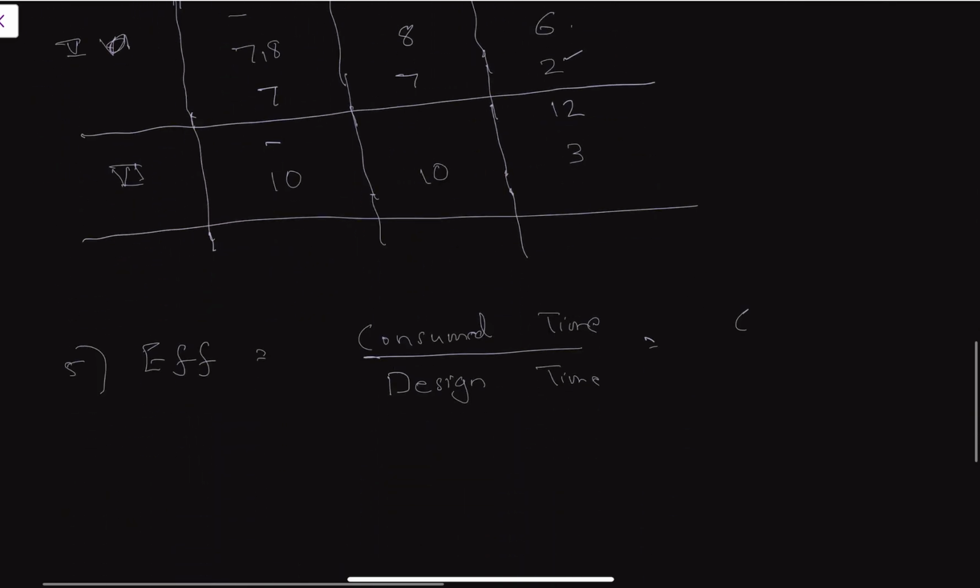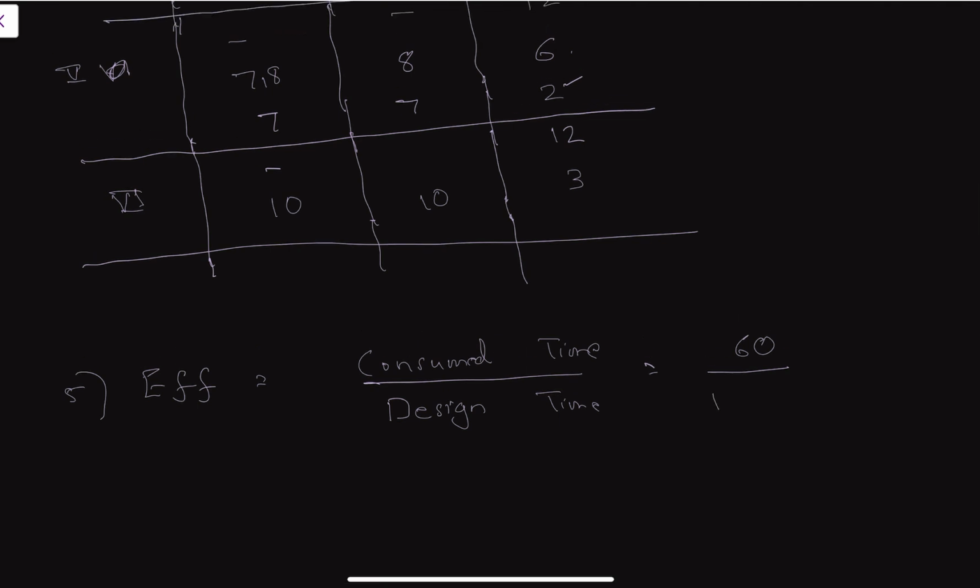The design time: you have 6 workstations with a cycle time of 12, so 12 into 6 is 72. 60 by 72 into 100 in percentage, which is 5 by 6 into 100, equal to 83.33 percent. So this is the efficiency of the assembly line.